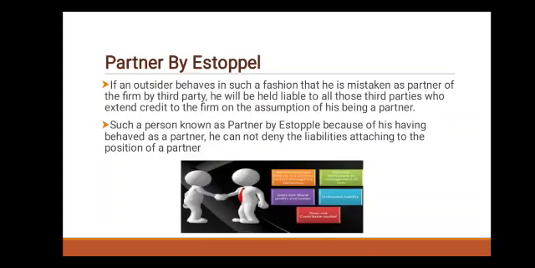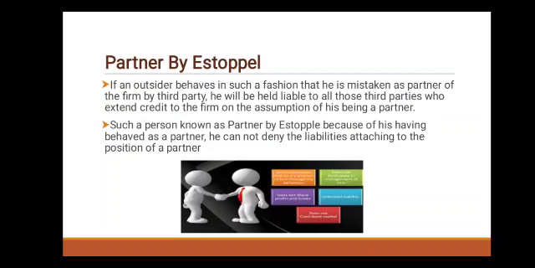Seventh, partners by estoppel. If an outsider behaves in such a fashion that he is mistaken as a partner of the firm by a third party, he will be held liable to all those third parties who extend credit to the firm on the assumption of his being a partner.